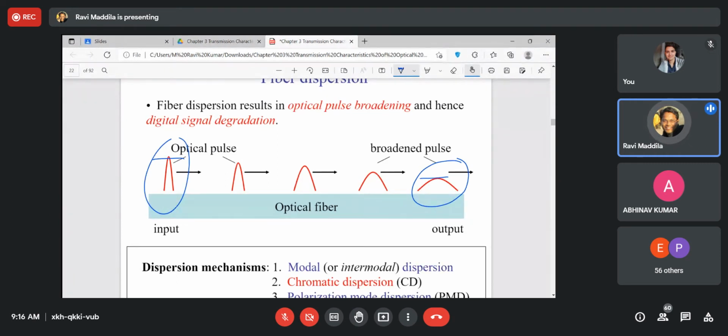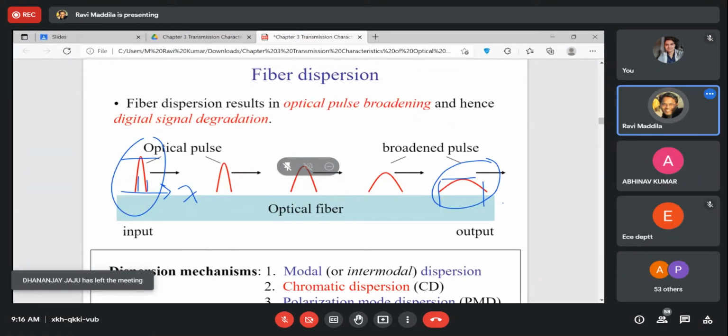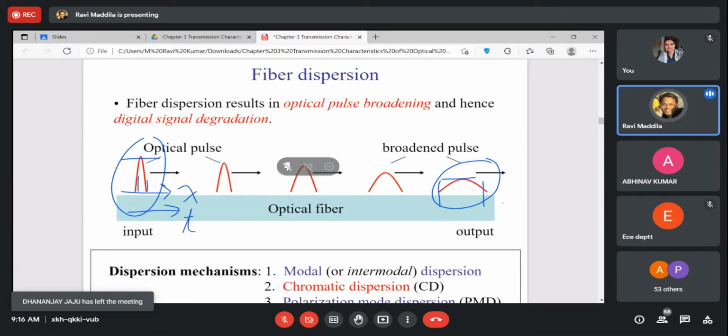But actually the power is not lost. What has happened here is the power, the x-axis here is wavelength. Fine. So here the wavelength spread is very narrow, whereas here, it's not just wavelength, it's also time.